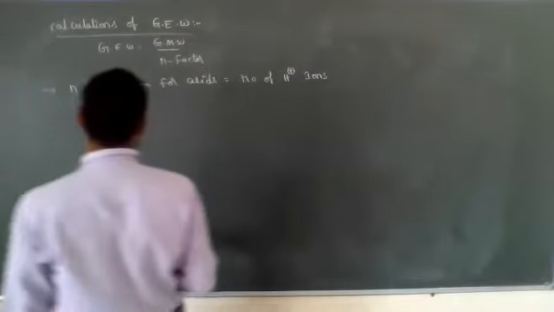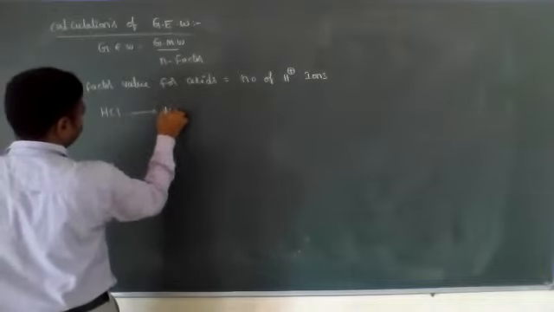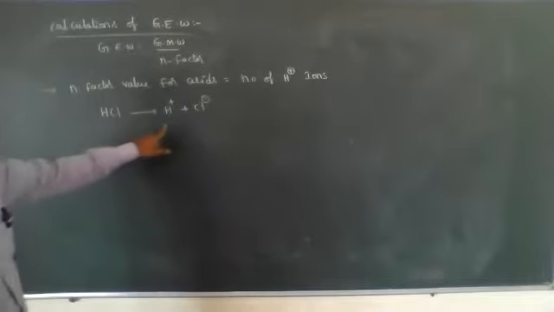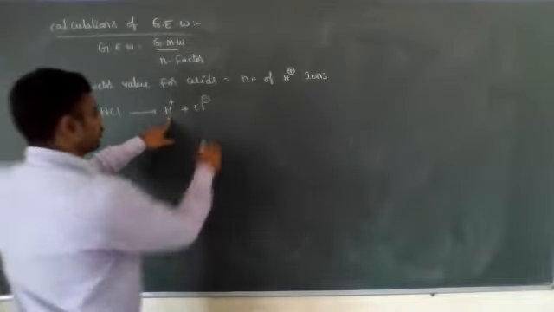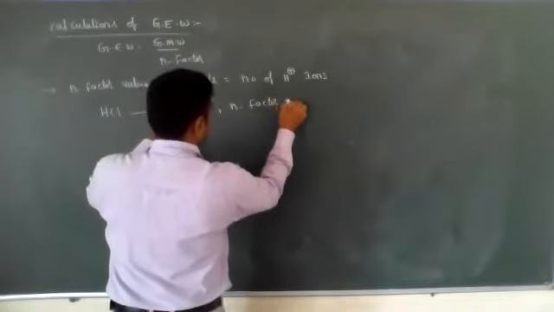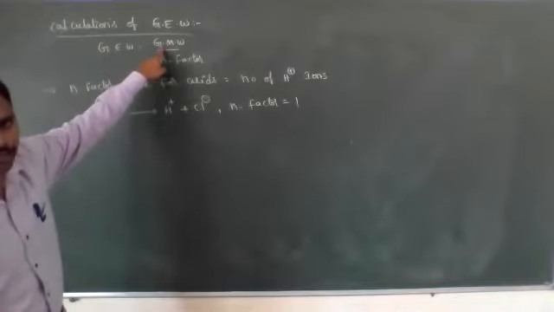Let's see, for example, HCl, hydrochloric acid, gives one H plus and one Cl minus. It produces one H plus, that's why n factor is equal to 1. If n factor is 1, gram equivalent weight is equal to gram molecular weight.